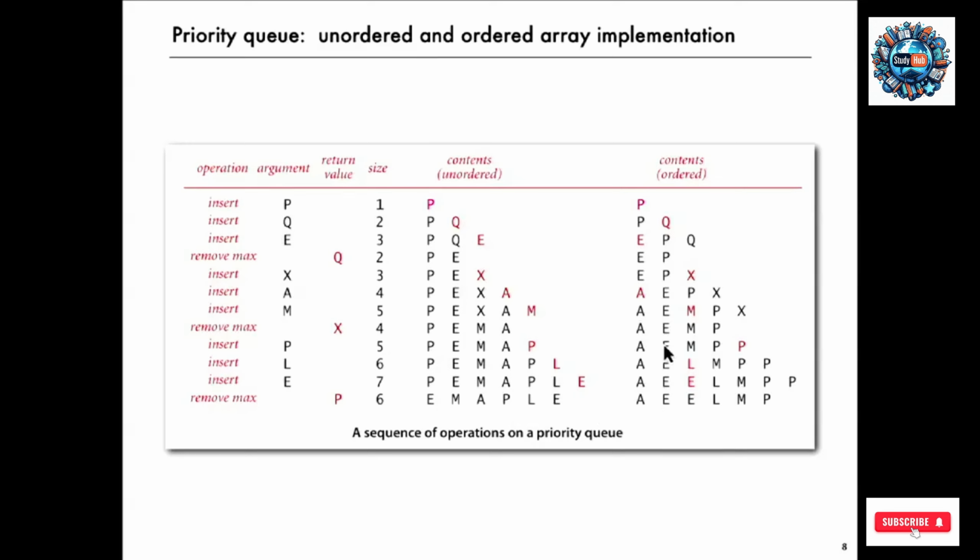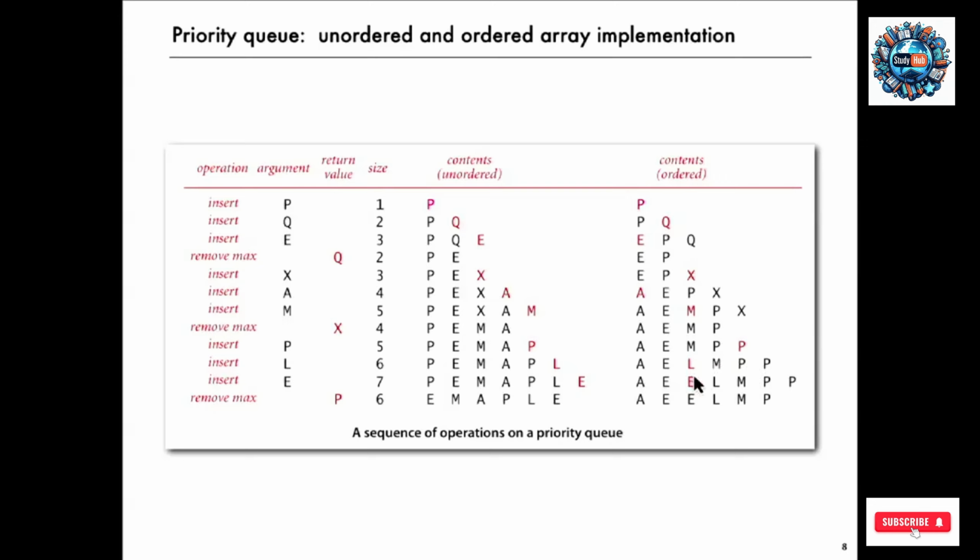Or you might decide, well, let's try to keep things in order, and then that might involve some work. It's like insertion sort. You have to find the place to put the new item and then put it in the right place. And again, you could do this with a linked list or with a resizing array, but with an array, you'd have to move all the larger ones over one position to fit the new item in. When we insert E, and we're supposed to keep them in order, we have to move over L, M, P, and P to get the E in, and so forth.